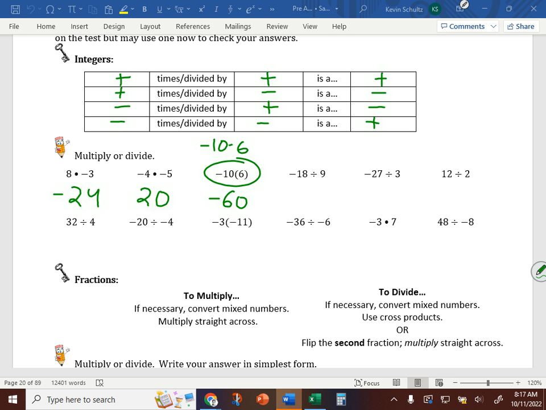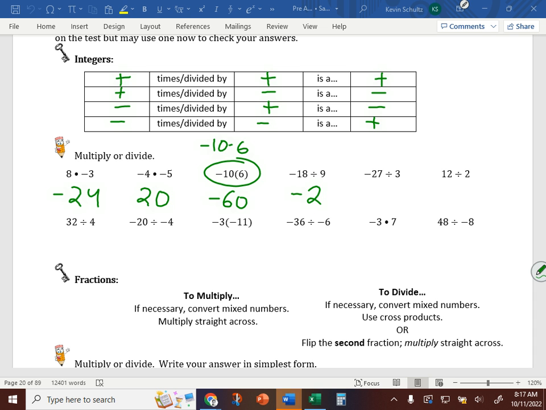So nothing really changes as far as the operations and what the answers are, except pay attention to those signs, right? Negative 18 divided by 9. 18 divided by 9 is still 2, but because the first one's negative, it's going to be a negative 2, right?